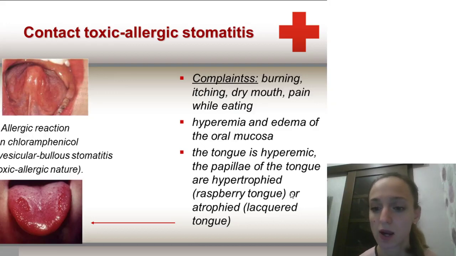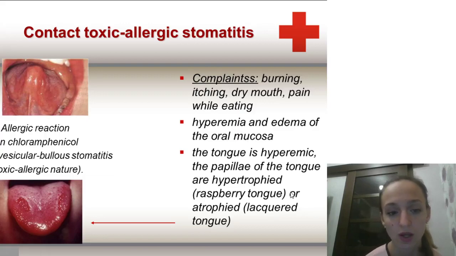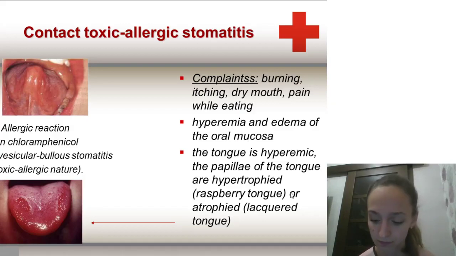The tongue is hyperemic, the papillae of the tongue are hypertrophied, for example raspberry tongue, or atrophied, for example lacquered tongue. And this is an allergic reaction to chloramphenicol, vesicular stomatitis of a toxic allergic nature. Look please at the case.